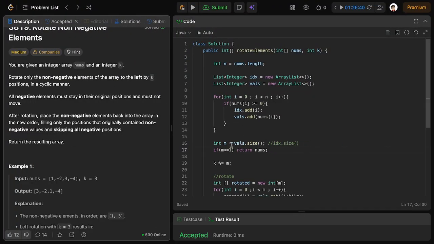Okay, found it. So k is equal to k mod m. This was fine, I just changed the syntax. We missed out on this, right?